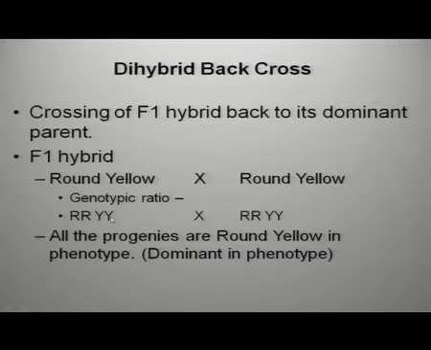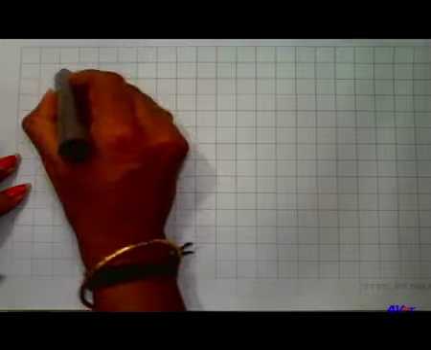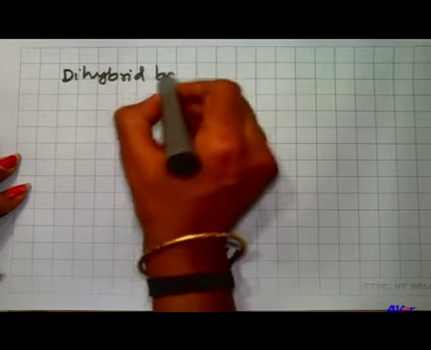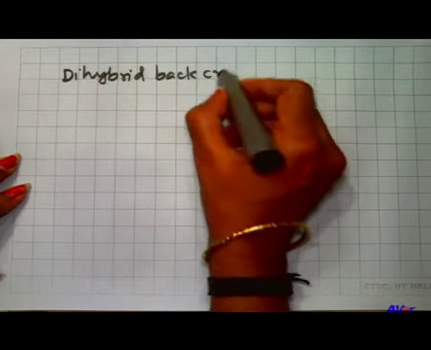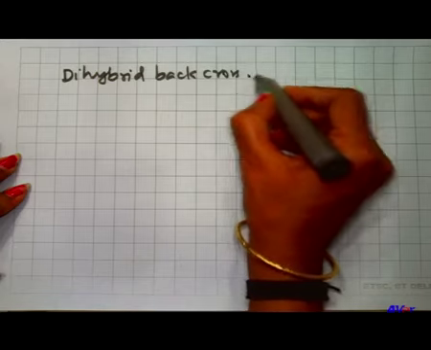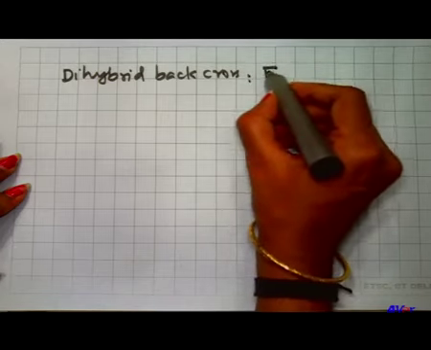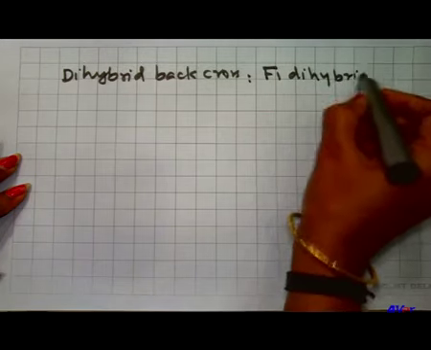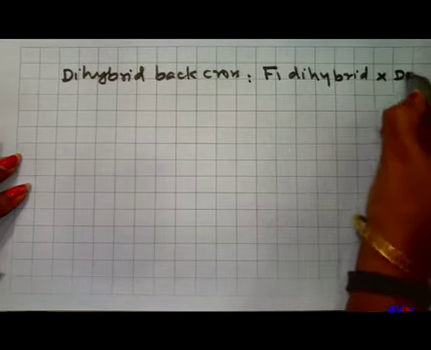Now come to the dihybrid back cross. Crossing of F1 dihybrid back to its dominant parent.